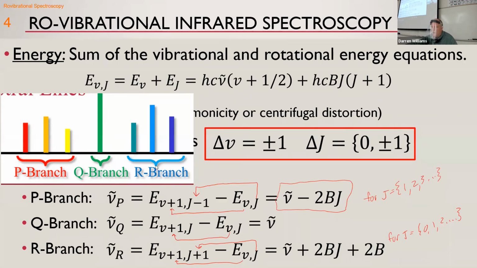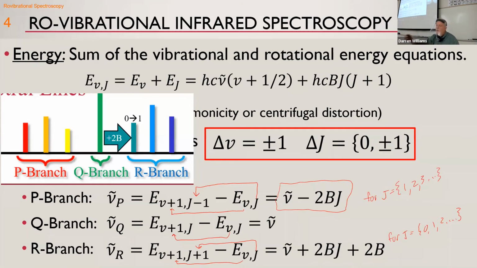So for this R branch line, if we start out with J equals 0, then this piece goes away. So I have the vibrational frequency plus 2B. So for the 0 to 1 transition, I'm 2B away from the Q branch. Everybody see that? If I put in 0 for J, then I'm just 2B higher than the Q branch.